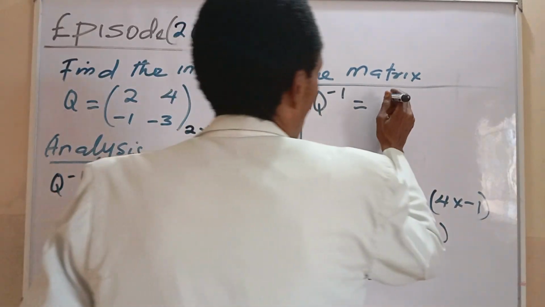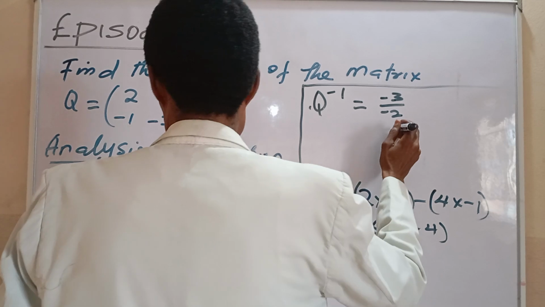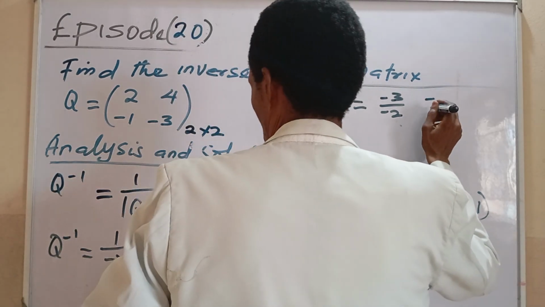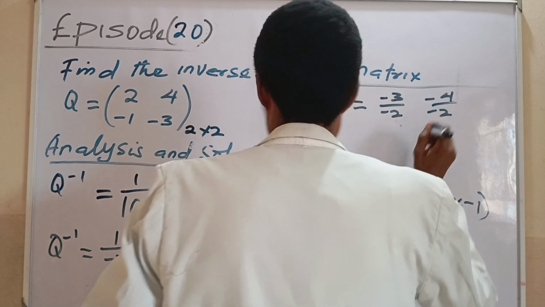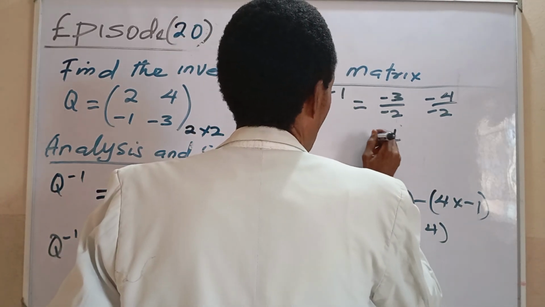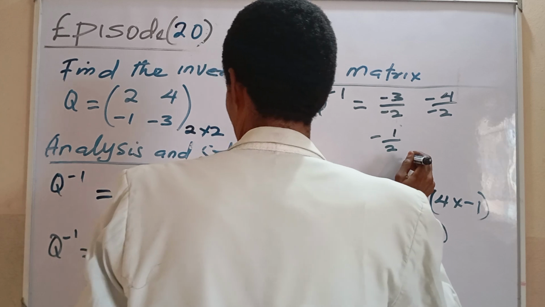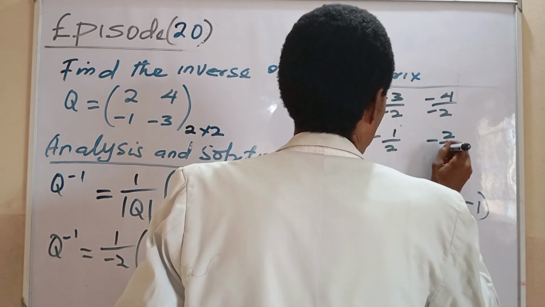It means this is minus 3 all over minus 2, then minus 4 all over minus 2. Then here you have this is minus 2, and this is what? Minus 2 all over 2.